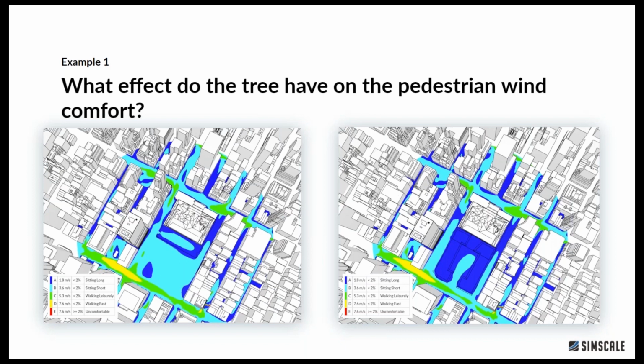Obviously, we've improved the level of comfort by allowing the category sitting long to be accepted in the area where the trees are, which you cannot see on the left-hand side, where only the sitting short type of category is highlighted.